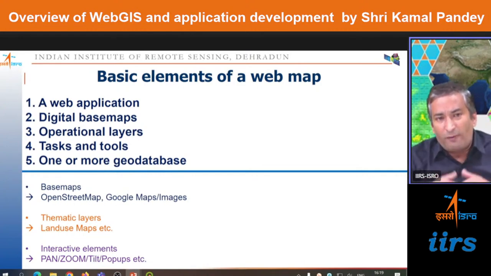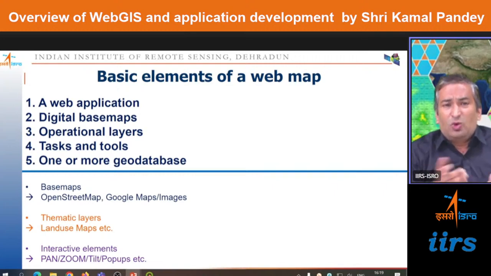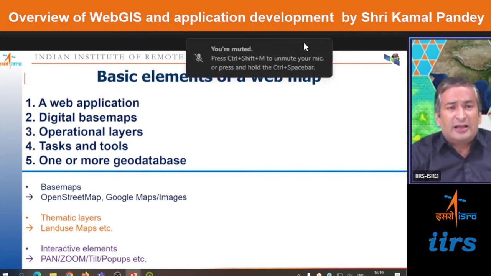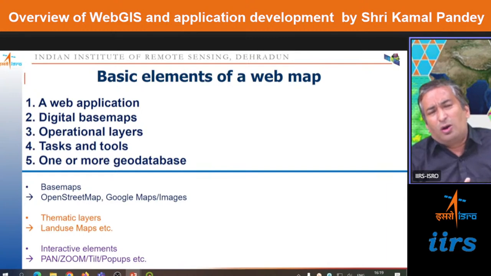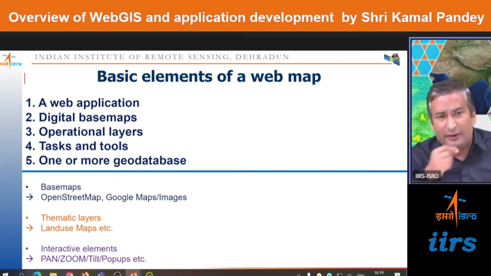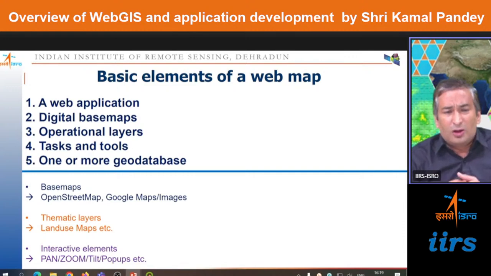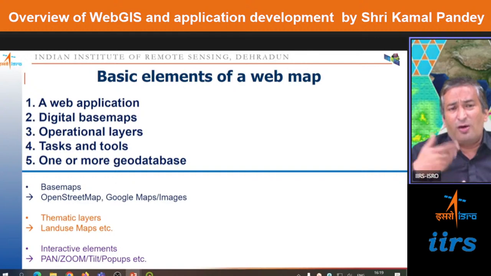On top of which you try to perform any sort of application, like you want to perform a multi-criteria decision analysis. For example, your GIS workflow is that you want to find out which are the potential sites for groundwater prospects, where groundwater wells can be dug. Those you want to find out. So for that you may have certain criteria layers also, like a geomorphology layer.